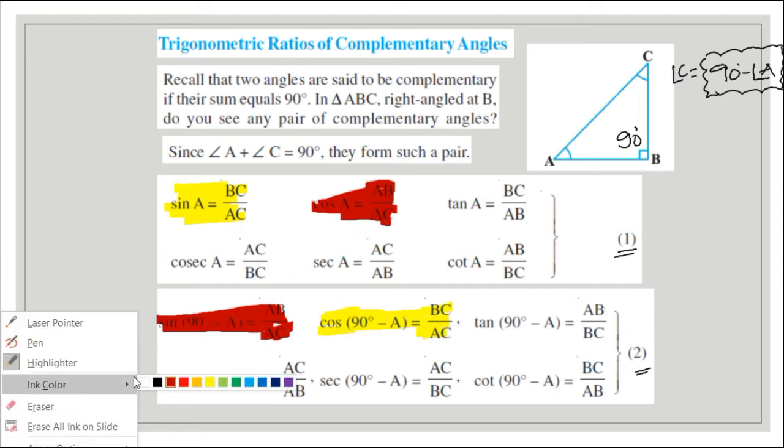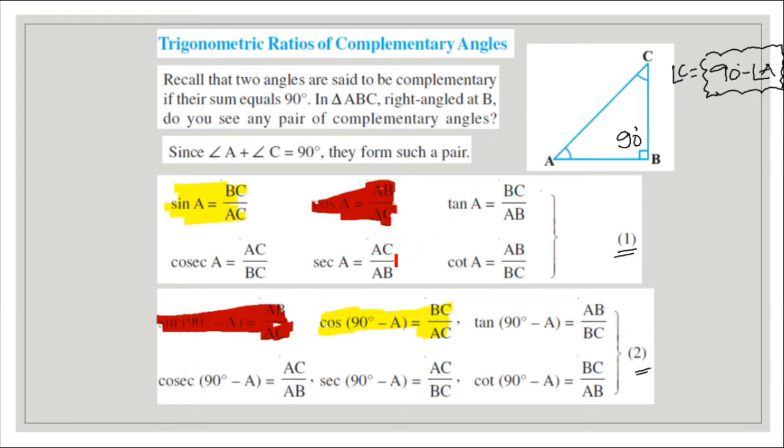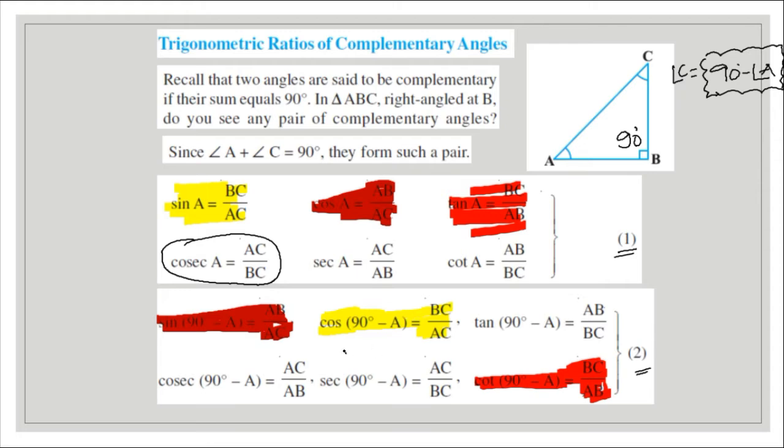In a similar way, we have tan of angle A, BC by AB, which is cotangent of angle 90 minus A. The ratios are equal here. In the same way, observe cosecant of angle A, which is AC by BC, and secant of 90 minus angle A is AC by BC.